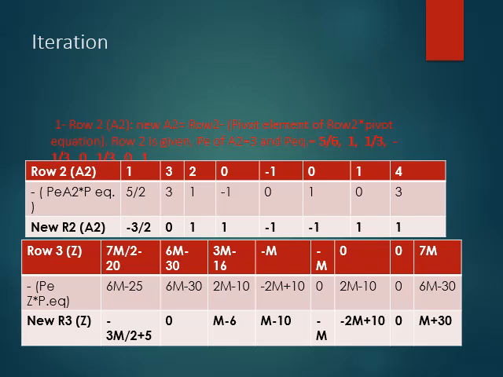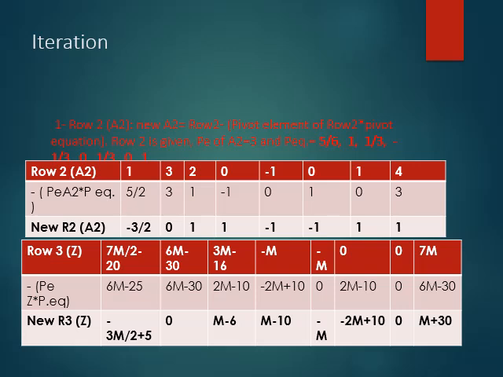Also, we repeat the same procedure to find the new R3 or the new Z. The first row in this operation represents the original values or coefficients of the row of Z, and the next row is the multiplication of the pivot element of Z by the pivot equation, and the result is given.